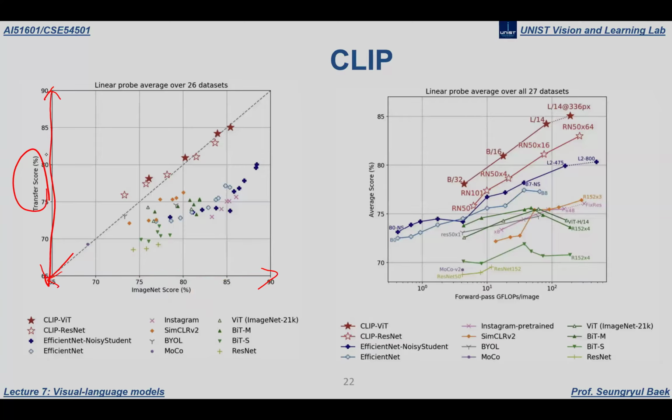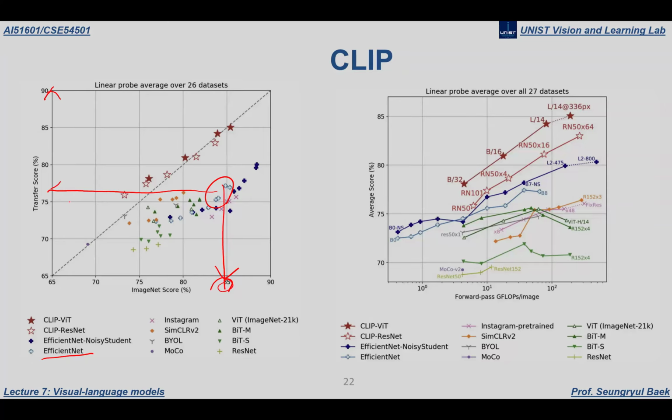Okay, so each point here is denoting, for example, this one is denoting an EfficientNet using the EfficientNet architecture. They could obtain better accuracy for in-domain testing data, when they are trained with the ImageNet dataset and tested on the ImageNet testing data, their accuracy is like this, 85% using the same architecture.